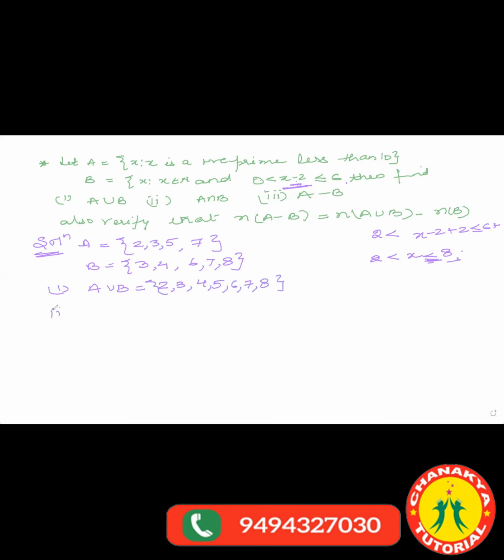Now Dhanunjay, tell me A intersection B, beta. 3, 5, 7. Good. Now last is A minus B. Ma'am, 5 will not be there. Yes. So A minus B, what will I write here?